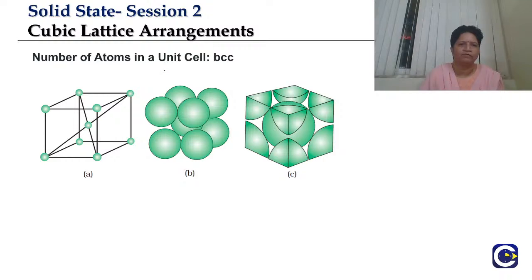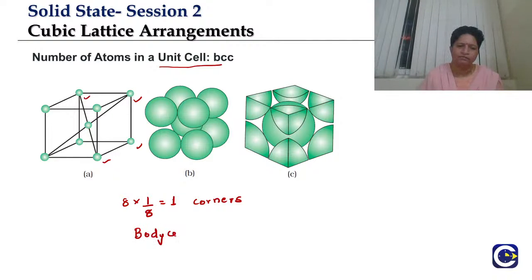Number of atoms in a unit cell of BCC. In BCC, the corners will contribute 1. These are at the corners, and at the body center there is one which is not shared by anything. Here there is sharing, here there is no sharing.